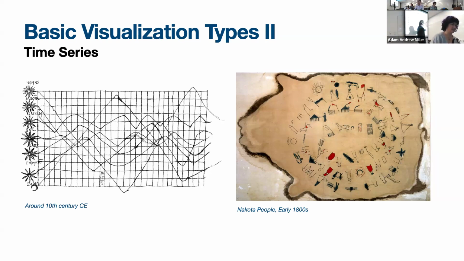I think it's also really important to point out that visualization is not a European exclusive tradition, right? This is an American Indian visualization. This is called the winter count. In this culture, the yearly cycle was every time first snowfall happened. That was when they would say a year or an equivalent of a year had passed.